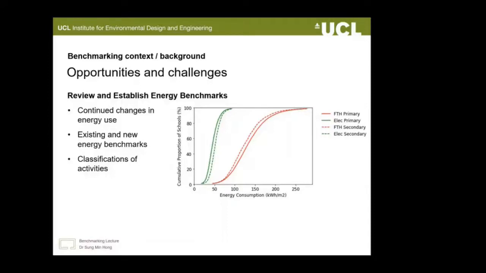So this is an example of energy use distribution curve for primary and secondary schools, and what we realized through a large data analysis is that there is an intrinsic difference in demand for heating and in electricity between primary and secondary schools, therefore suggesting that separate benchmarks should be provided for different school types rather than aggregating them into a single category.